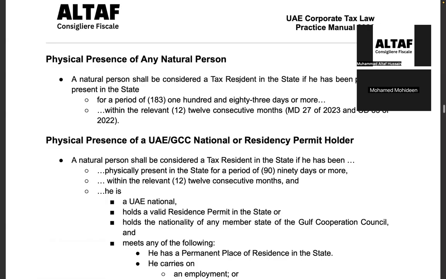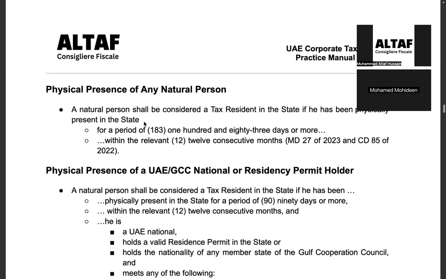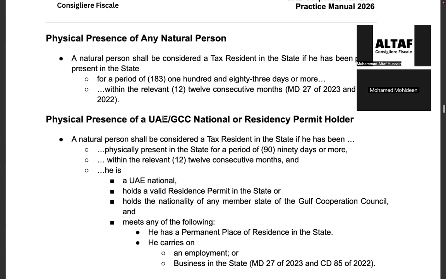Globally, the rule is 183 days presence in the last 12 months. That's the high level default rule. The exception to that rule is if the person is a UAE national or a GCC national or a residency permit holder of UAE. In that case, we are going to see whether this person has been in UAE for 90 days or not within the last 12 months.